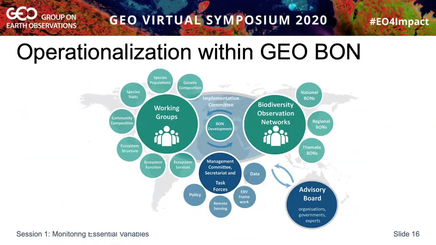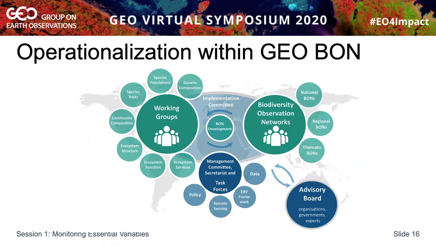Now, I wanted to conclude this presentation with some thoughts on the operationalization of the development of the EBVs, looking at the structure of the GEO BON network. This structure was adopted in 2016 at the beginning of the second phase of implementation of GEO BON. And this structure really reflects our focus around the development of the EBVs and the development of the BONs.